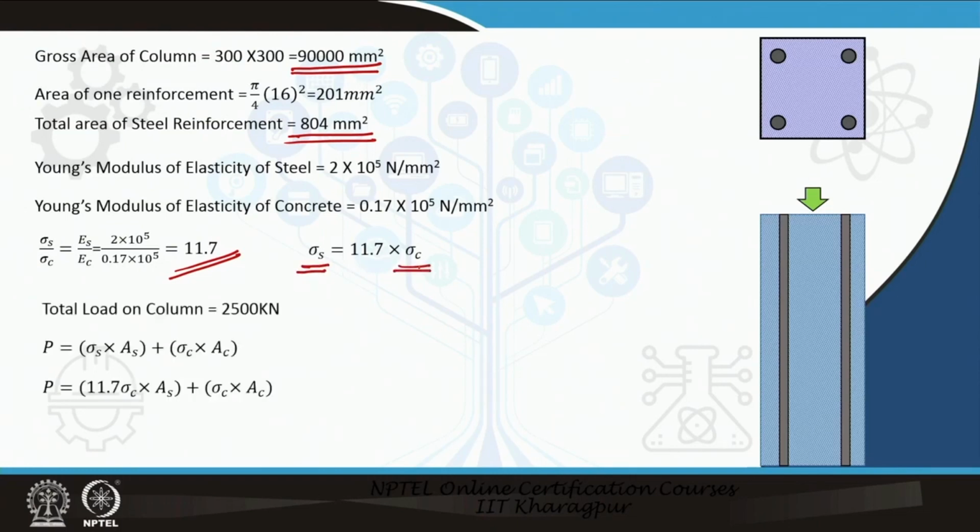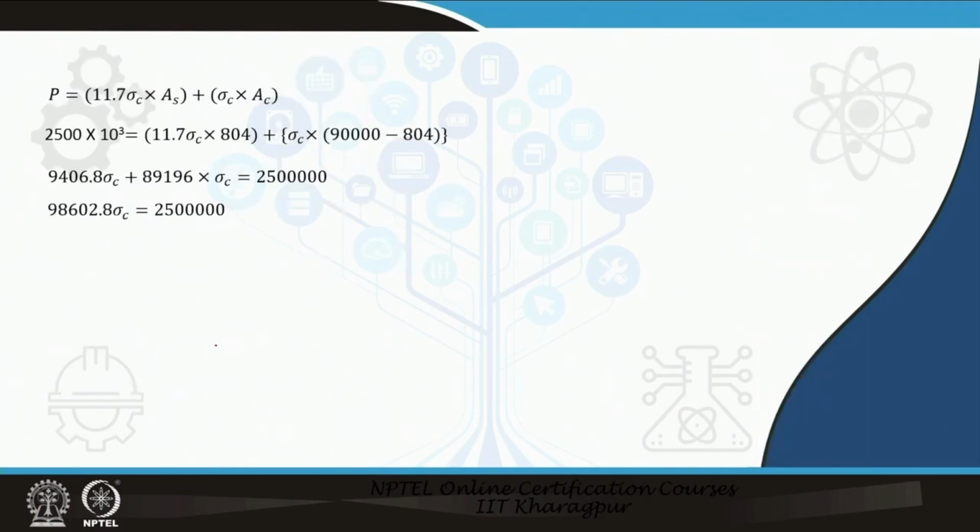Now, I can use this first formula: the total load is the stress of steel multiplied by the area of steel, plus the stress in concrete multiplied by the area of concrete. So, I can use that and replace all the values.